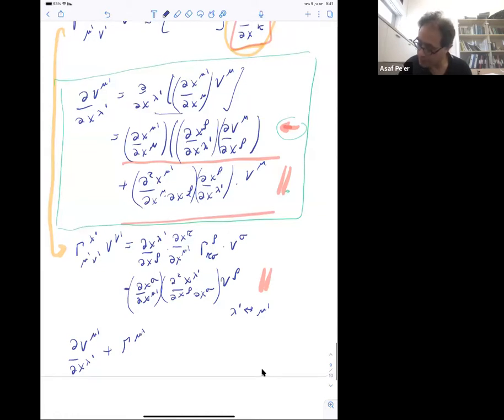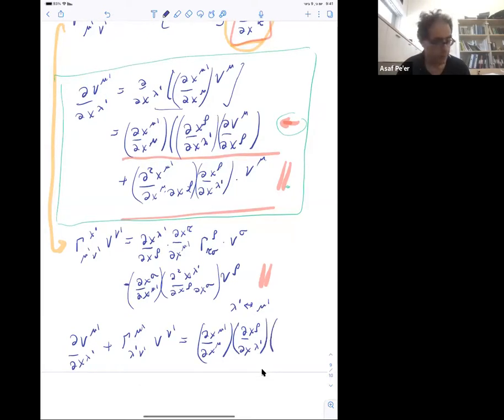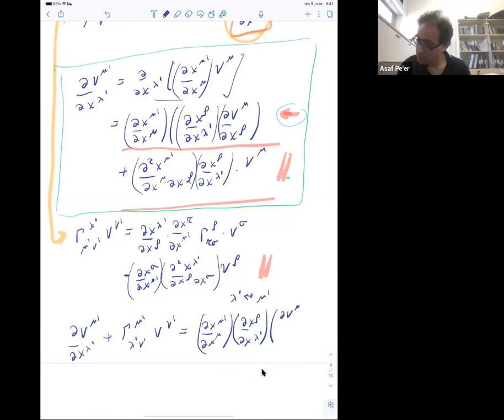Whenever there is a mu, there is a lambda. Lambda prime, mu prime, v mu prime is just dx mu prime over dx mu, dx rho over dx lambda prime times dv mu over dx rho plus gamma mu sigma v sigma.